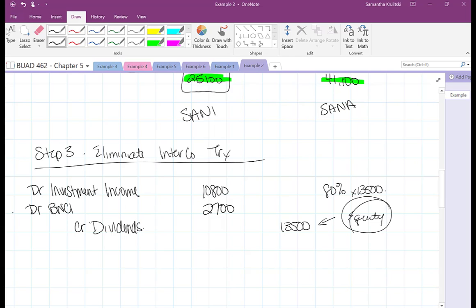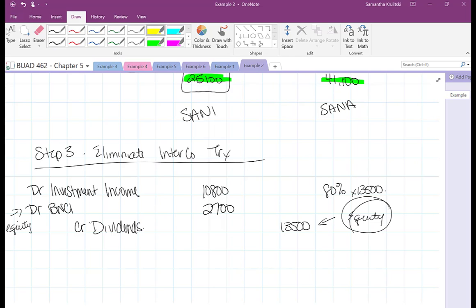Now remembering, BNCI is also an equity account. So what are we doing here? By eliminating that dividend, we're decreasing the amount of BNCI, non-controlling interest, on the balance sheet that is attributable to that non-controlling interest.